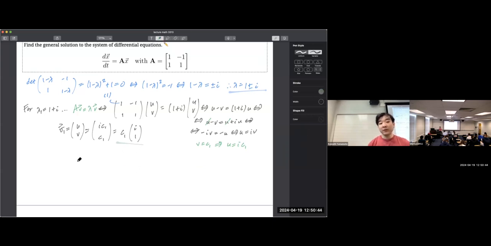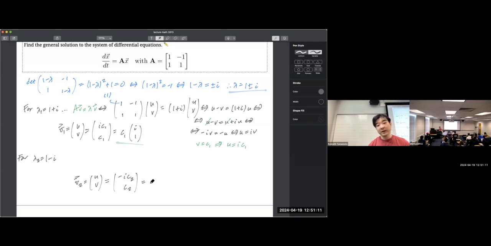The eigenvector for the other eigenvalue, which is 1 minus i, is going to be very similar. I have no time, but I'll just write it out. In the end, you're going to get that v2 for this one will end up becoming equal to negative ic2 and c2.